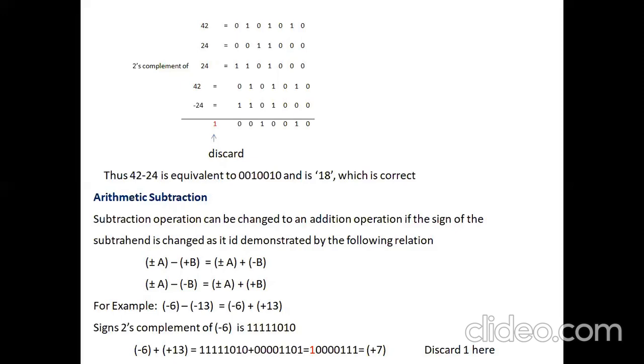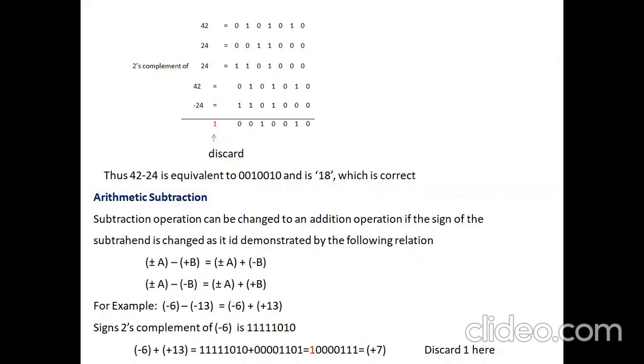So we have minus 6 minus minus 13, which is minus 6 plus 13. 13, as usual, in sign magnitude representation, is 0, and then 1, 1, 0, 1. For minus 6, we write the representation of 6. Plus 6, in 8 bits, means 4 zeros, then 0, 1, 1, 0.